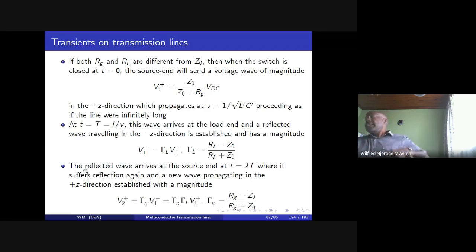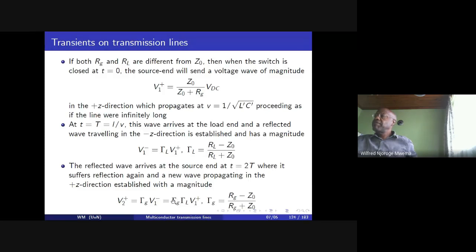The reflected wave arrives at the source end at t equal to 2T, where it suffers reflection again, and a new wave propagating in the positive z direction is established with a magnitude V2 plus equal to gamma G multiplied by V1 minus.